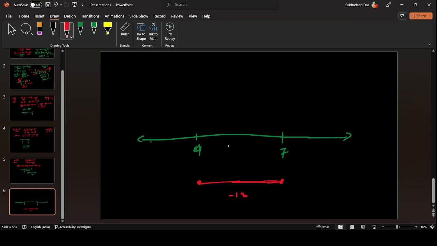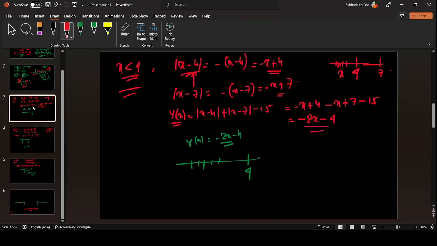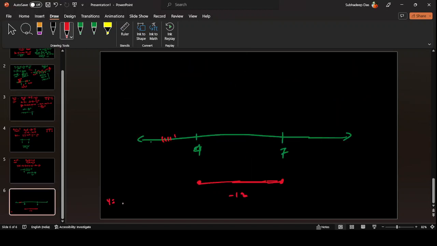And for x less than 4, y(x) equals minus 2x minus 4.